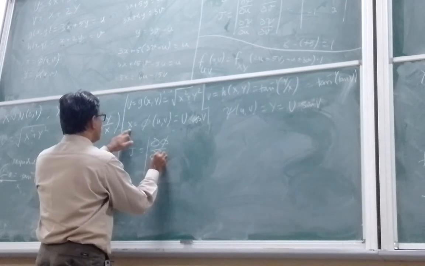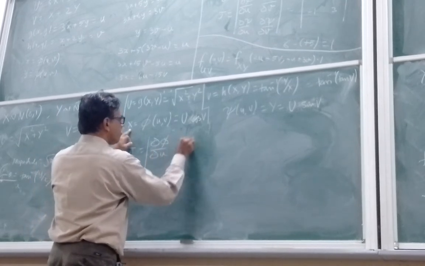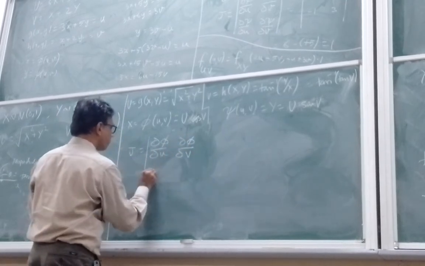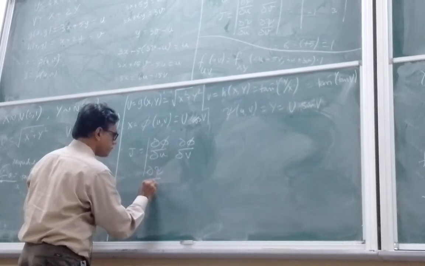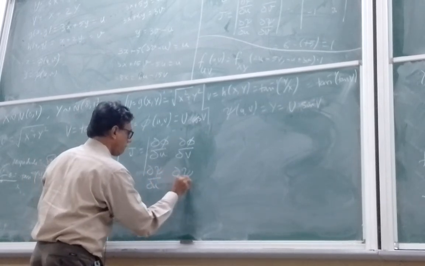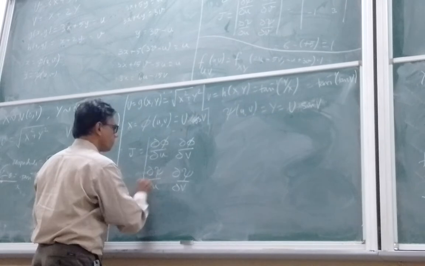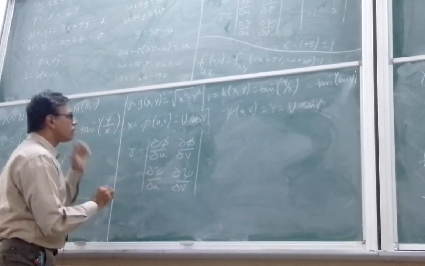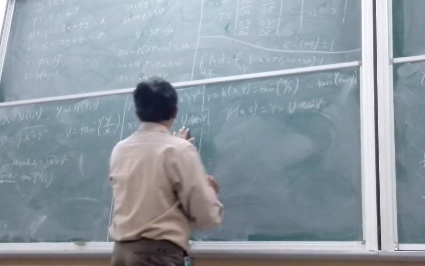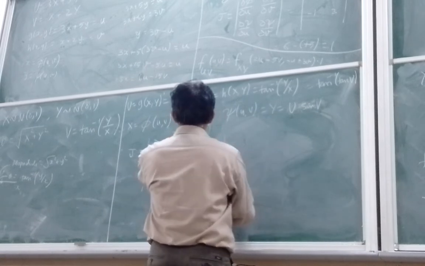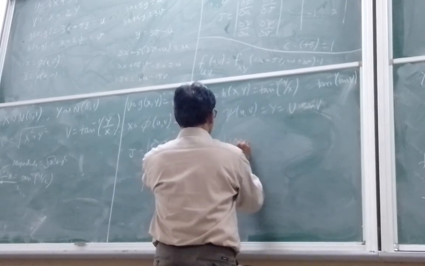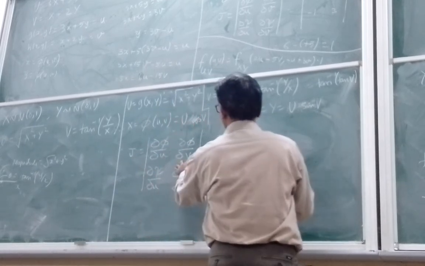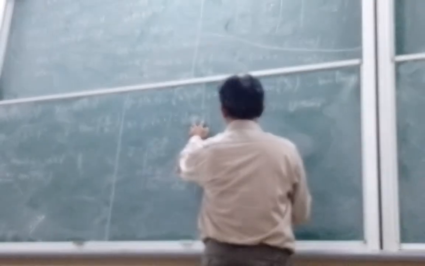Partial phi by partial u, partial phi by partial v, that you have to find. So u, if I do it, I will get cos v. Here v I have to do.